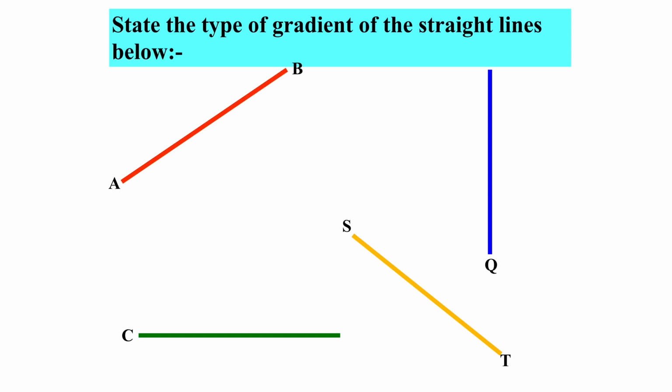And for ST, the line is slanting to the left, so it has negative gradient. And then the green line is a horizontal line, so the gradient is equal to 0. So these are the 4 types of gradient of straight lines.